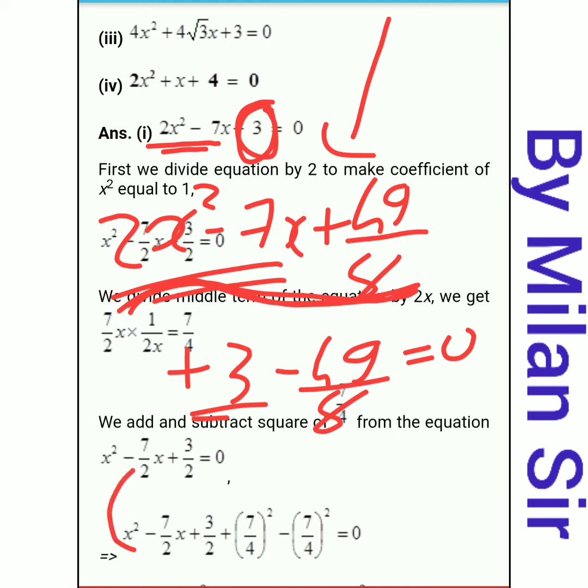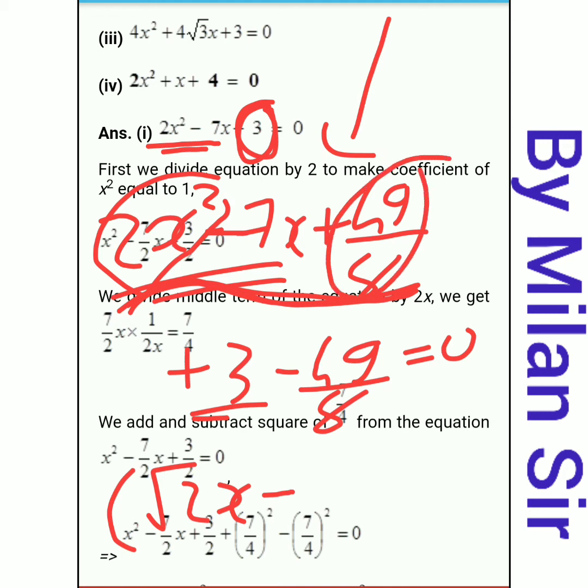That means here we have 2x square, so just write down the square root of the first term. Now square root of 2 is under root 2. Square root of x square is x only. Then the middle term sign, right now the middle term sign is negative, so here we need to put a negative sign. Then the square root of our third term.